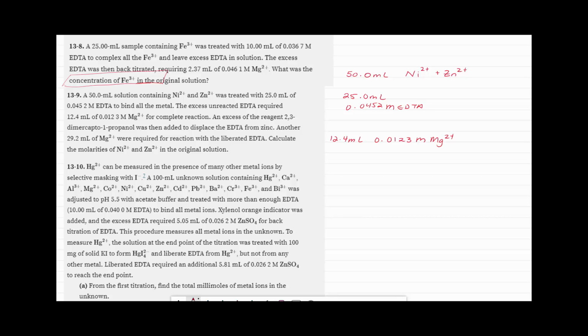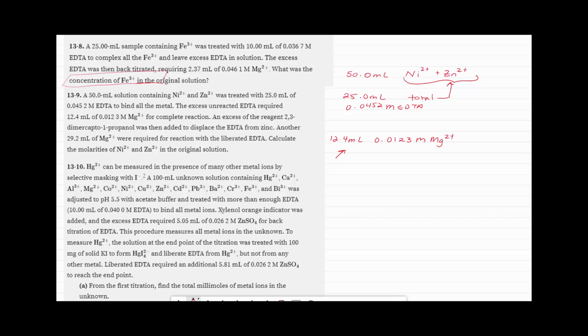And then we have more to displace the EDTA from zinc, and we have more and more. So let's just stop right here. This is our total EDTA that was added to this solution, the original solution, not just the zinc, but the whole solution. Our extra EDTA required this amount of magnesium, which means the moles of this magnesium are equal to the excess moles.